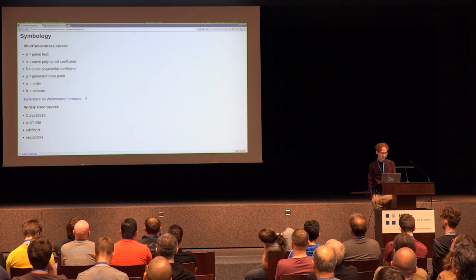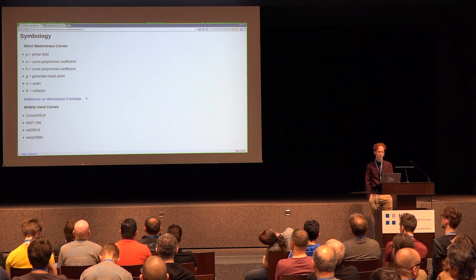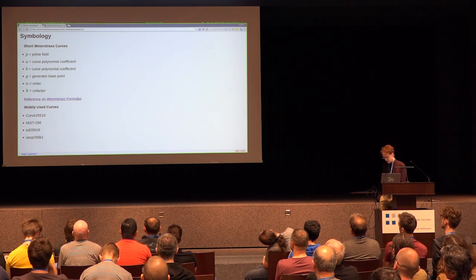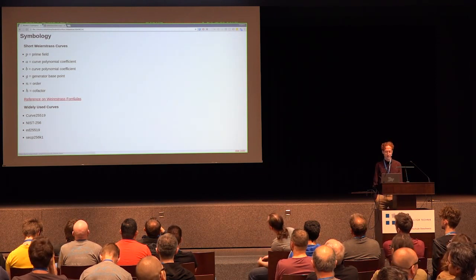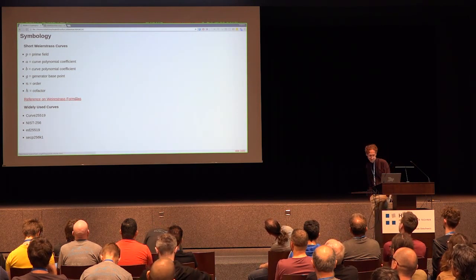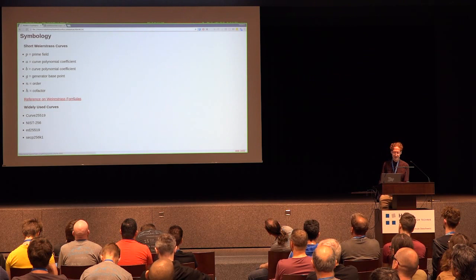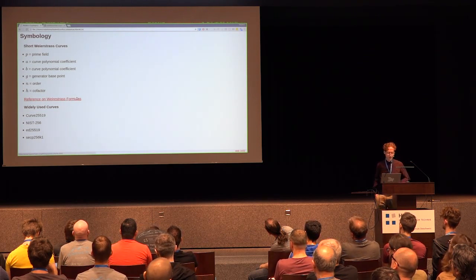Okay, for the next couple of slides, I'm just going to introduce some symbology. There are many different elliptic curves that we can choose from, given the choice of the underlying prime that we're taking the field to be modulo, as well as the coefficients A and B, and then the generator point that we use to produce all points on the curve.